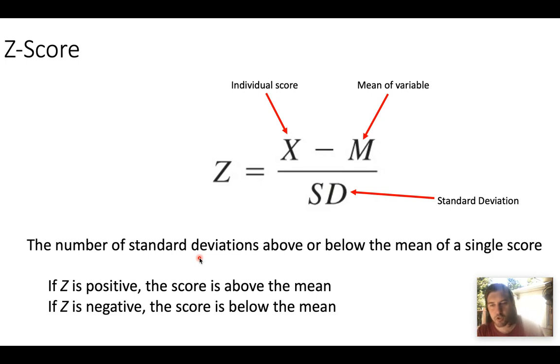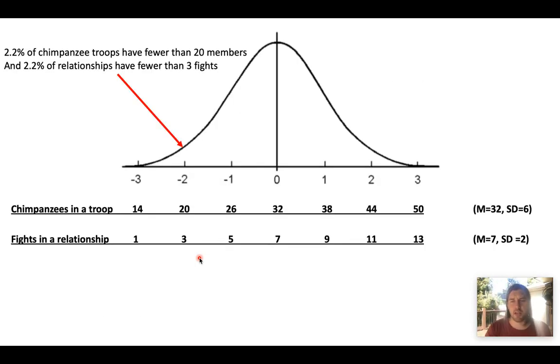Okay, so I know that's a lot. It's again a little theoretical at this point. The key things to take away from this are that this curve is standardized and it doesn't change even as you change out the variable and the values.